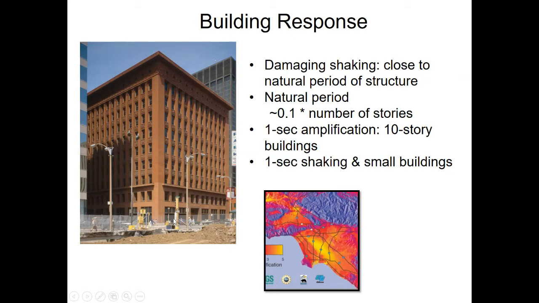So a building is going to shake when the ground is pushing it at the frequency that it naturally sways at. And as a rule of thumb, every building has its natural period, the period or frequency that it tends to sway at. It's about 0.1 times the number of stories. So a 10-story building tends to sway back and forth at 1 second. If it's a 1-story building, it tends to sway back and forth at 0.1 seconds or 10 hertz.